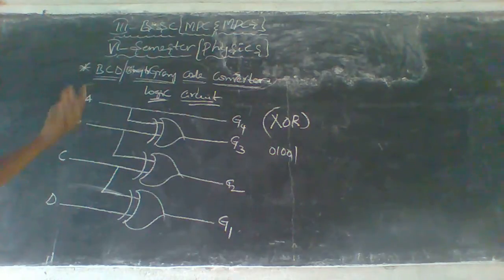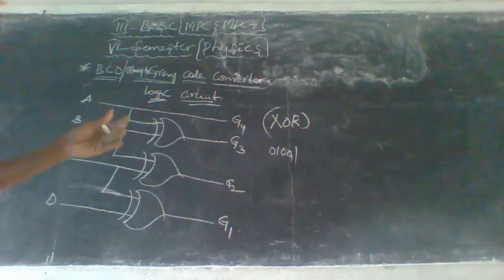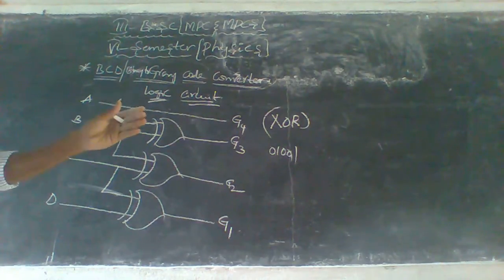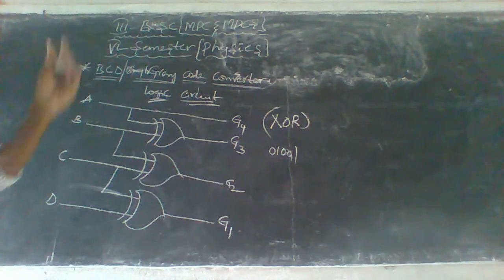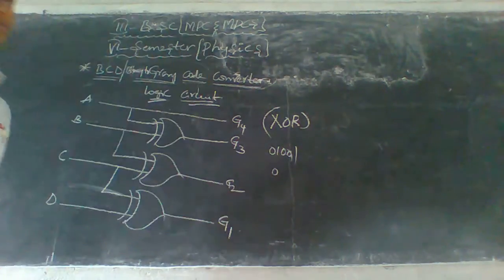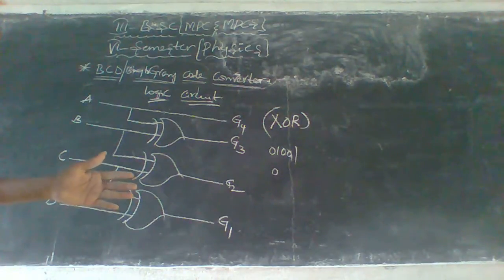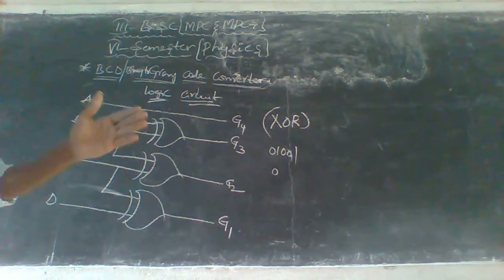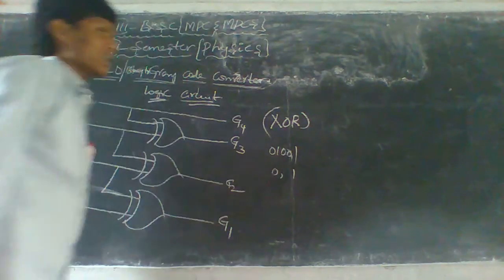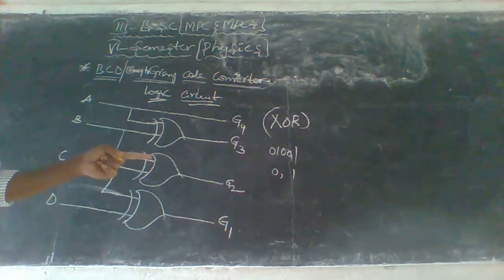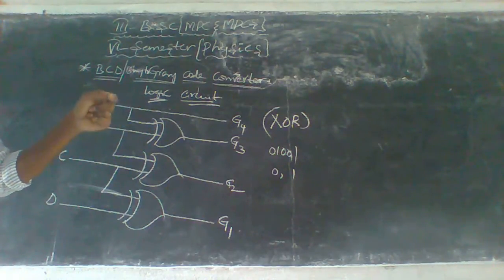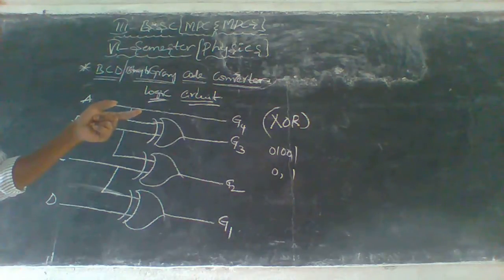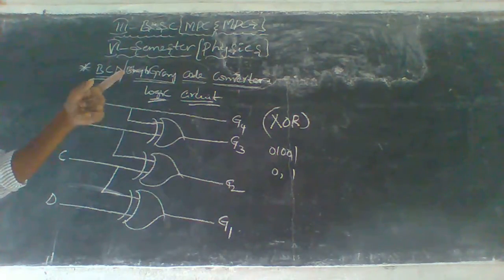Next, take the exclusive OR of the first and the second binary bit. The first bit is 0 and the second bit is 1. The bits are different, so the resultant gray bit will be 1.